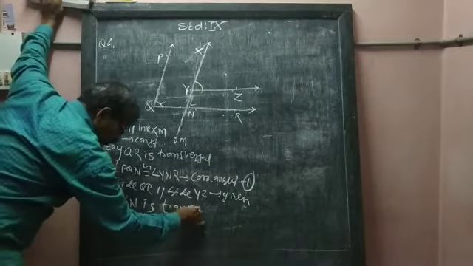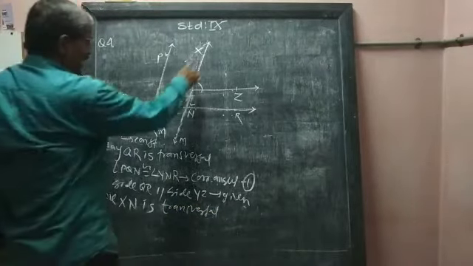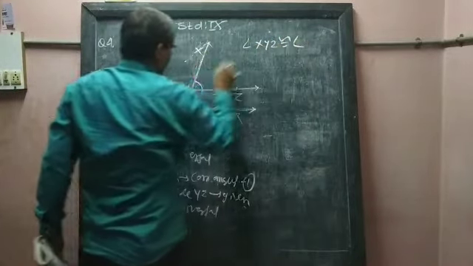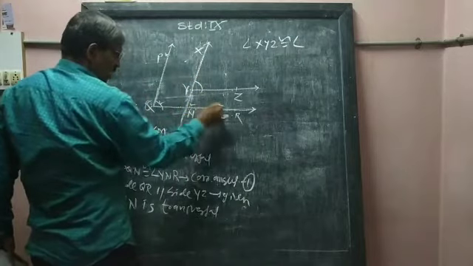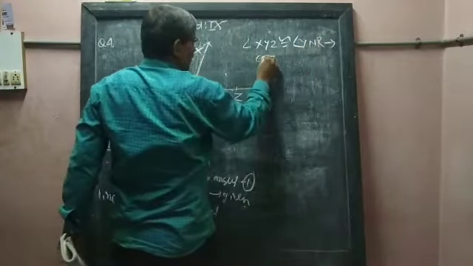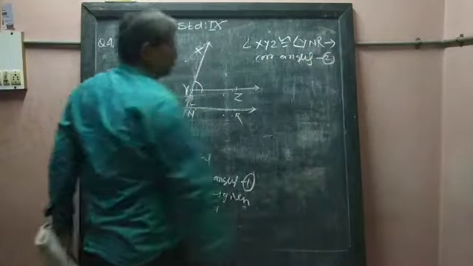So what will happen? Angle XYZ is congruent to angle YNR. What is the reason? Corresponding angles. This is equation number 2.